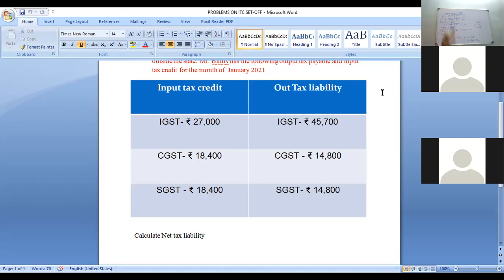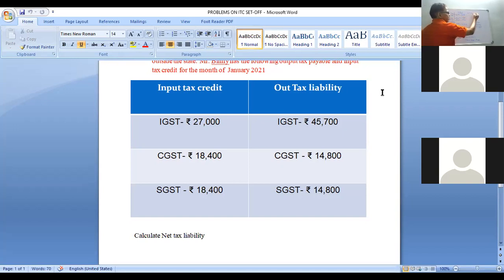This is the set off procedure. Remember, the same tax type can be set off against the same tax type. If anything more is remaining, IGST can be set off against CGST and SGST. Similarly, CGST can be set off against CGST, and state tax against state tax.